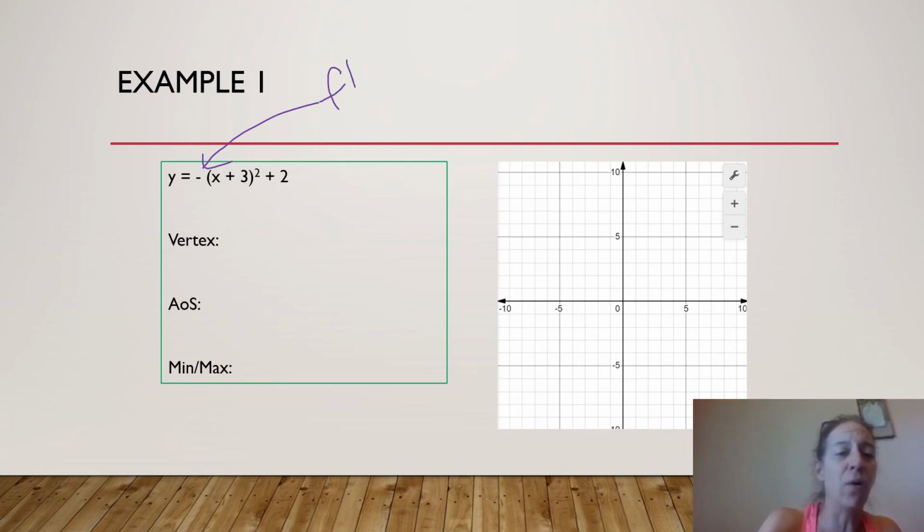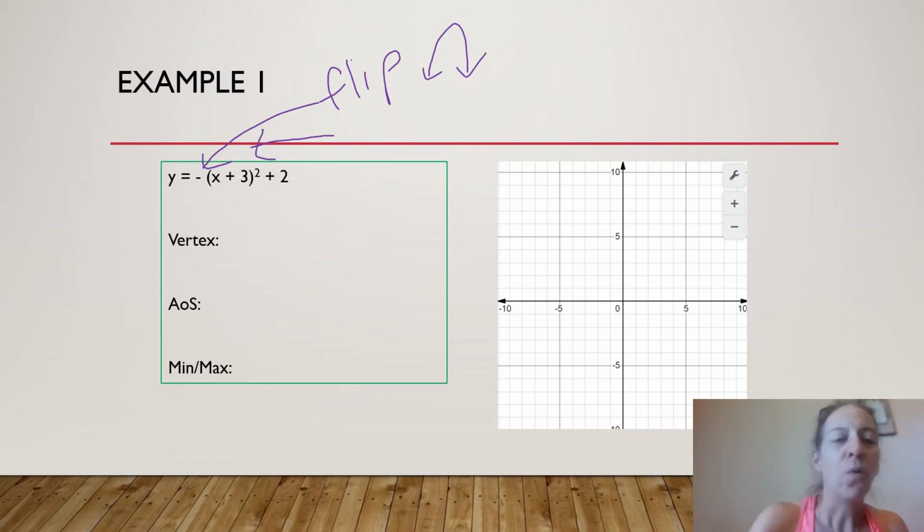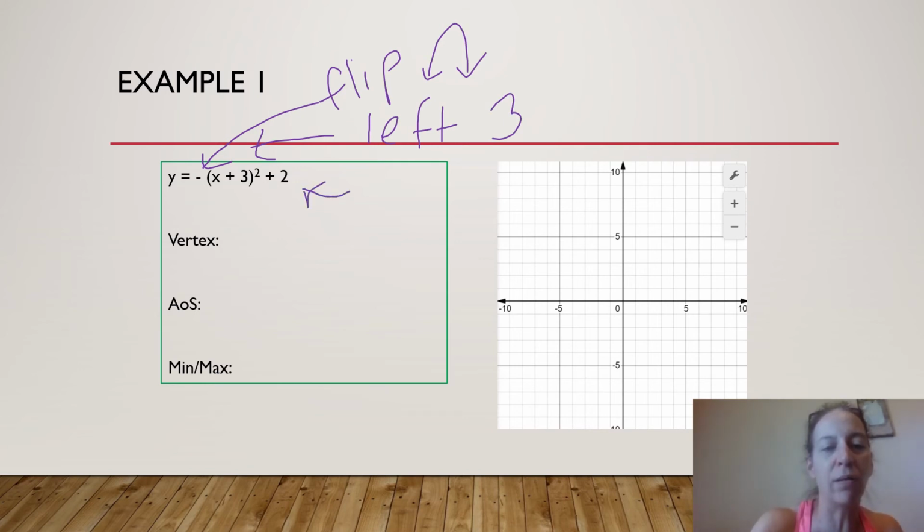We know that negative is going to flip the parabola over. So it's going to look something like that. We know that a plus 3 inside the parenthesis is going to make the parabola go left 3, and the plus 2 is going to make the parabola go up 2.